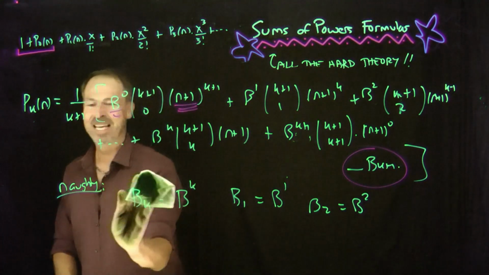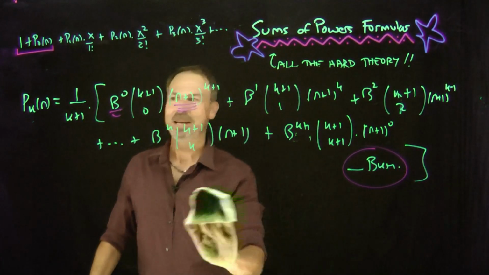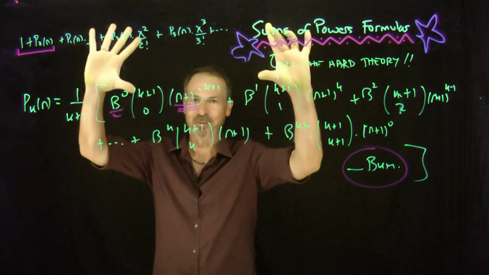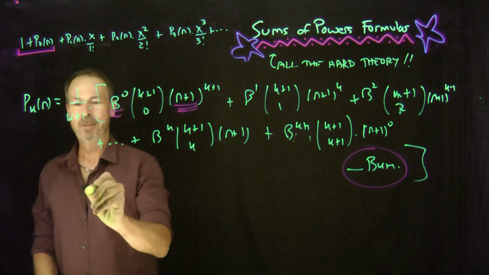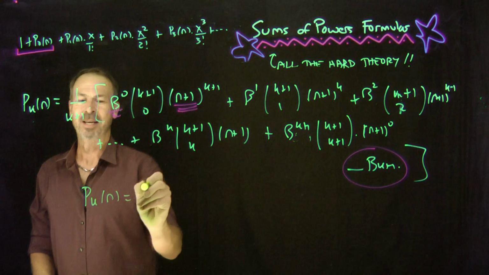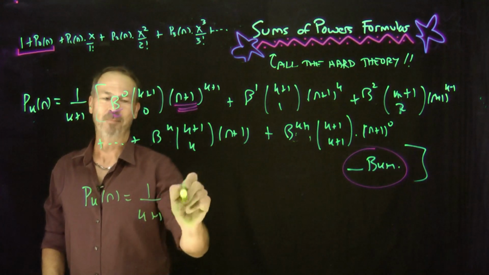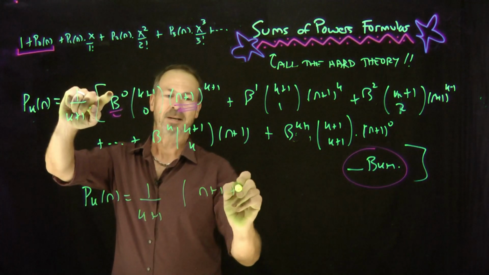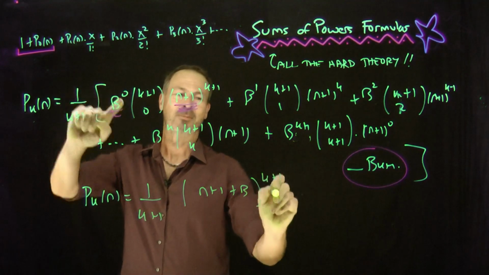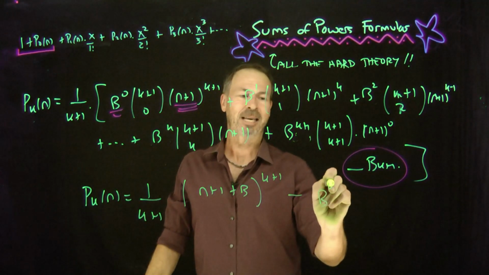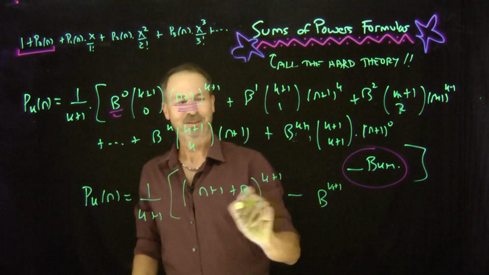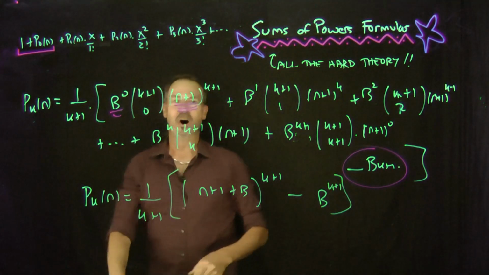Turns out this formula, if we allow ourselves to be naughty and write superscripts instead of subscripts for our b's, p_k of n is 1 over k plus 1 times n plus 1 plus b raised to the k plus 1 power minus b to the k plus 1. Whoa!